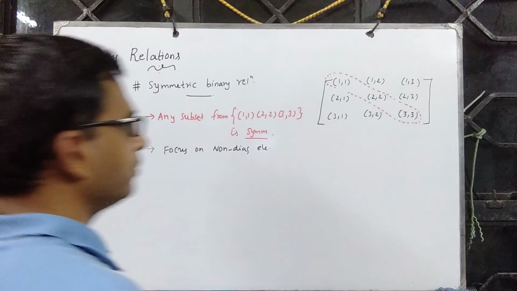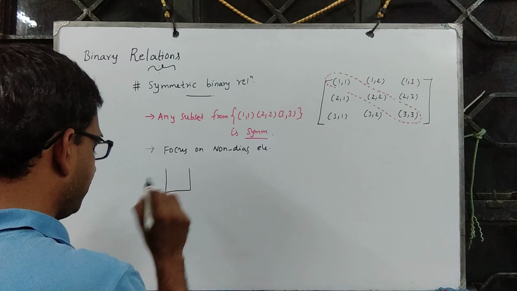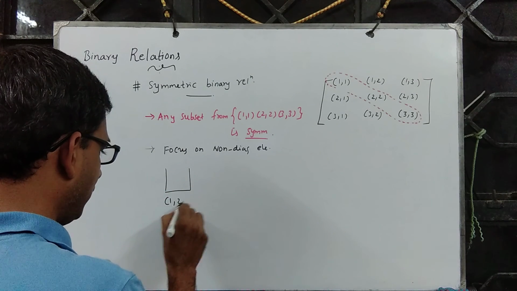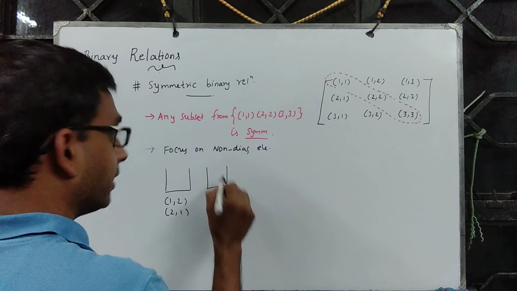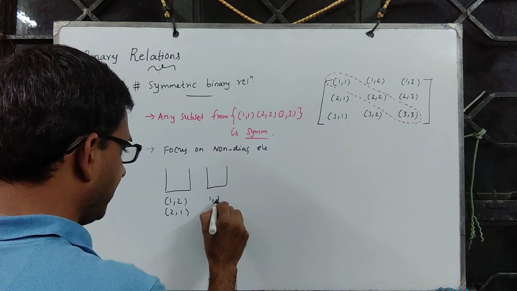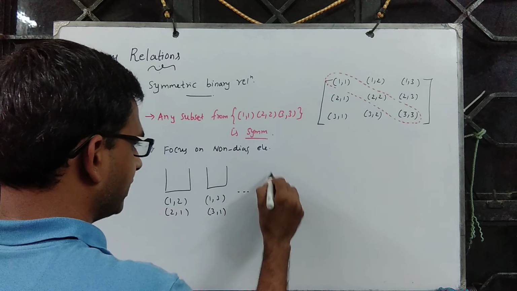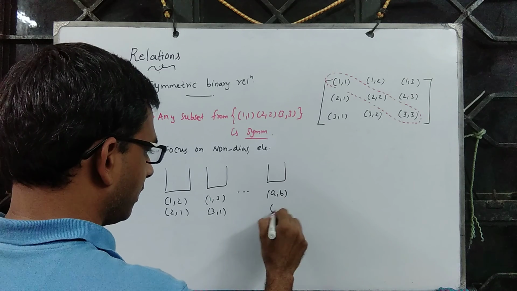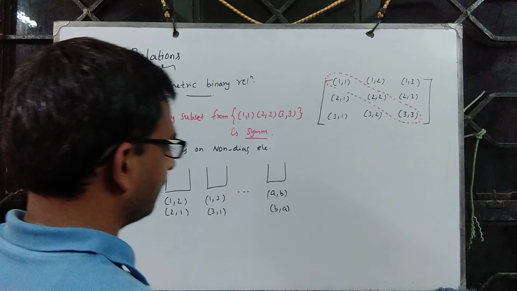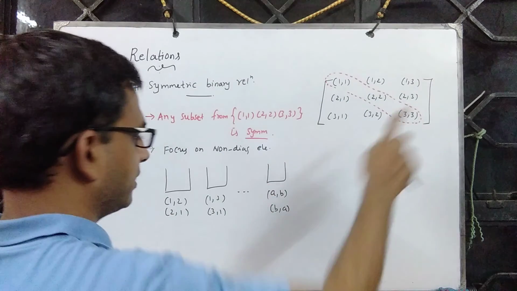So what we will do, we will group them like this: (1,2), (2,1) and (1,3), (3,1). Basically AB and BA. In general, I'll include AB and BA where A not equals B. If A and B are the same, then it is a diagonal element.